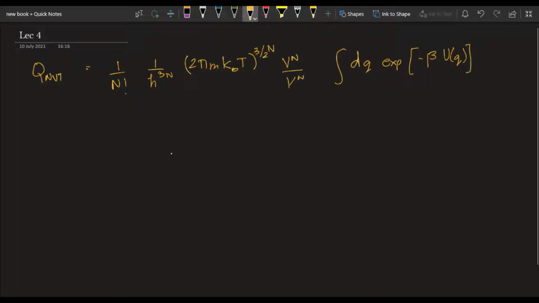And in the previous lecture I described that this particular part is that for the ideal gas.